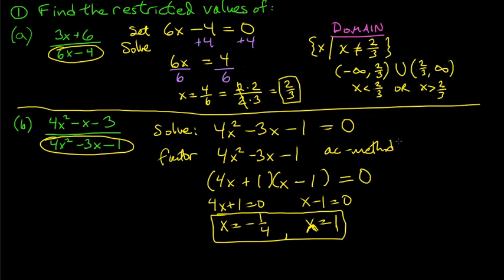All right, so part C and D are very similar. Let's do D very quickly. So here we have 9x minus 3 over 8x squared minus 2x minus 3. Again, we're looking for the restricted values, just to remind you.